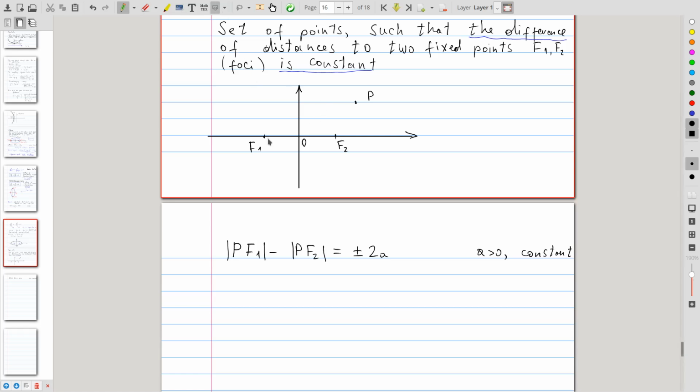So if we connect P to the two foci like so, the difference PF1 minus PF2 will be positive. But if we take a point P somewhere here, it will also belong to the hyperbola, but it will be closer to F1, and therefore the difference will end up being negative.